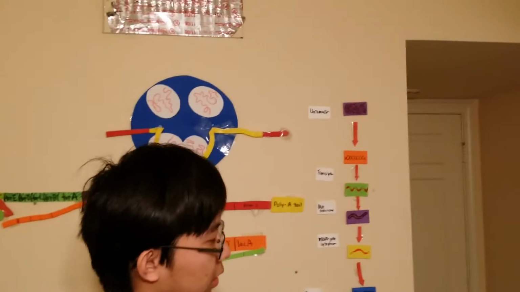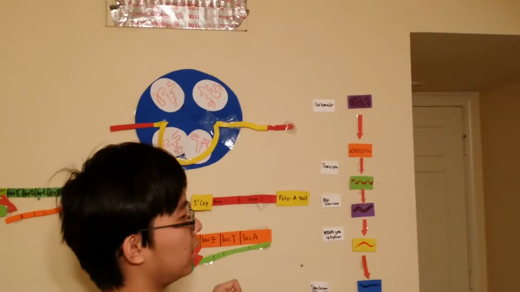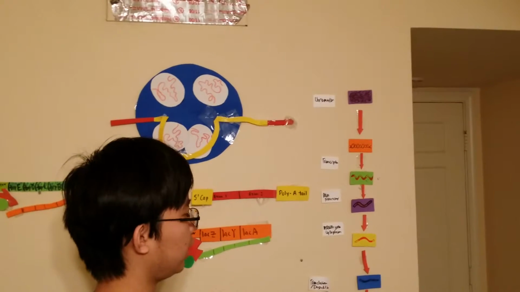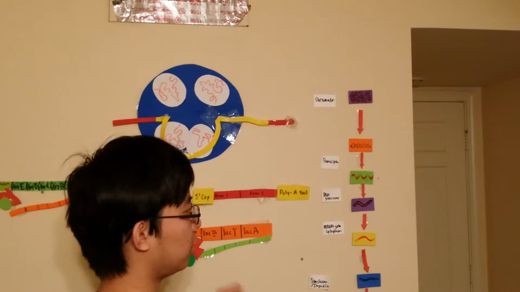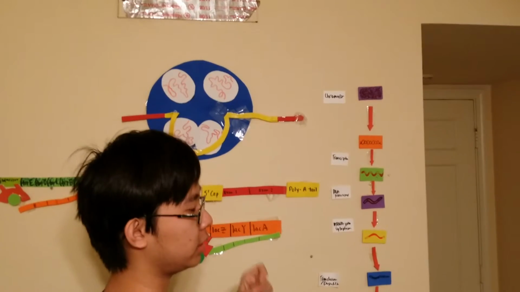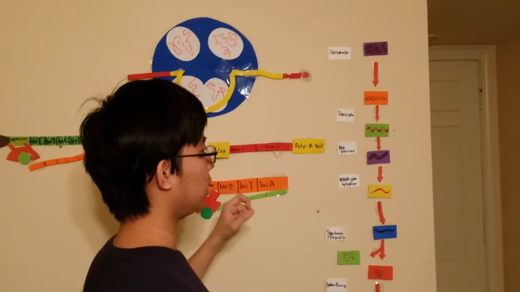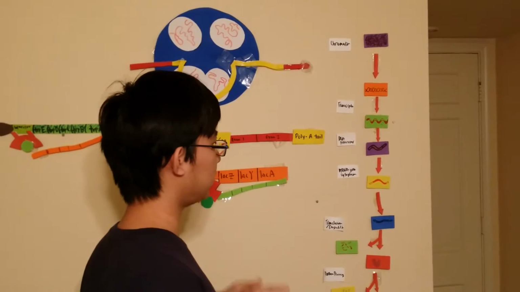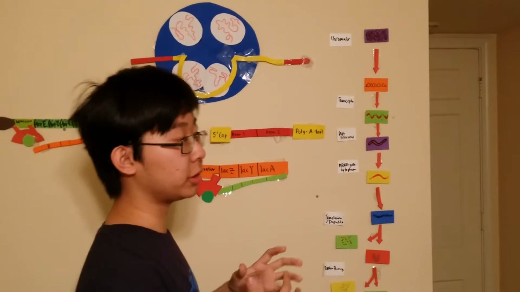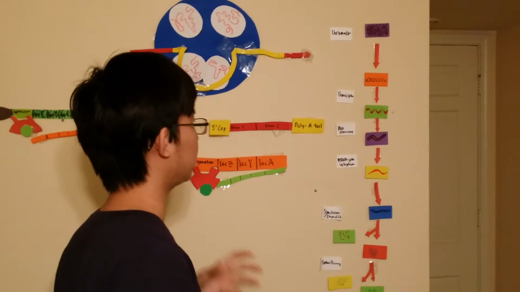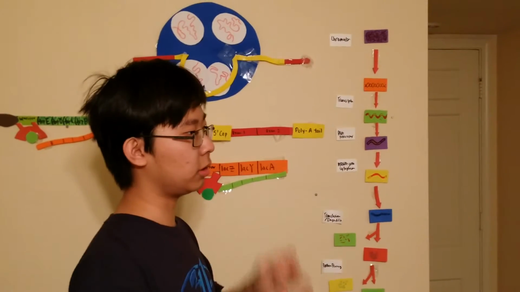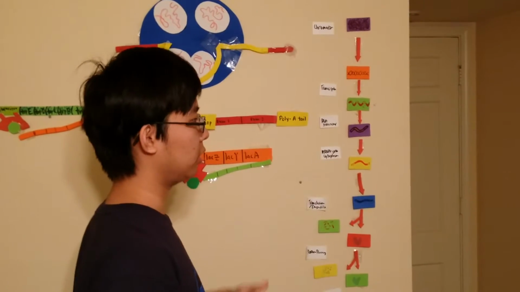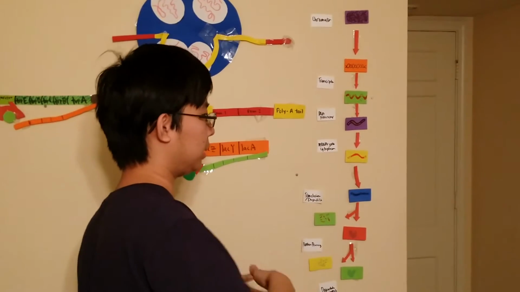The spliceosome then excises regions of the RNA called introns, which are non-protein coding regions of the RNA. By excising these out and then joining the coding regions called exons together, this creates a continually coding mRNA molecule from the pre-existing pre-mRNA molecule.